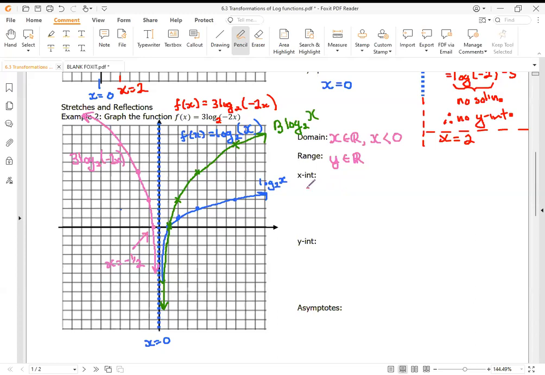All right, so x equals negative half. The y-intercept, did I do a phase or did I do a horizontal shift? No, does not exist. And asymptote, x equals 0 because there was no horizontal shift.